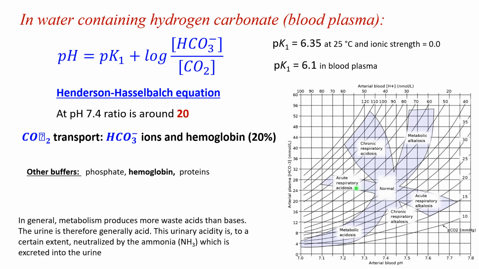I will have respiratory acidosis. Why? Because I have too much CO2 and pH will go down. It's not by much. If pH goes down by more than 0.3, you'll be dead. But this is a possible situation when you have respiratory problems.